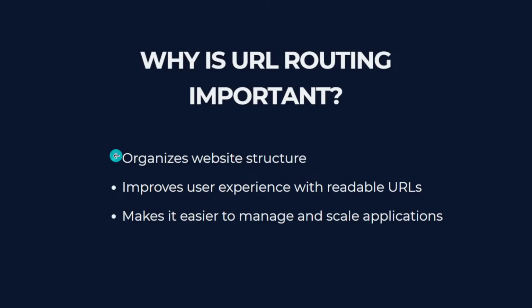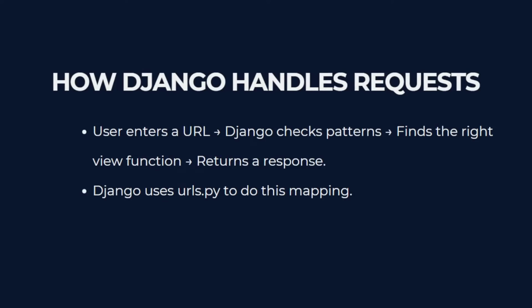So what are the things? We are organizing the website structure, improving user experience with readable URLs, and making it easier to manage scale applications. Now we're going to see how Django handles a request.